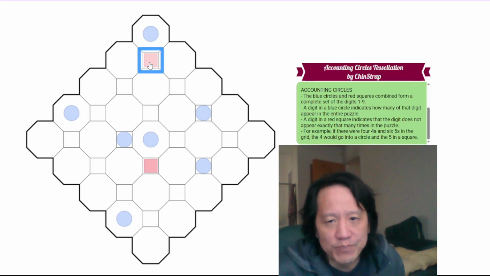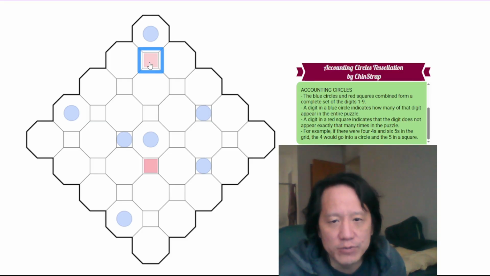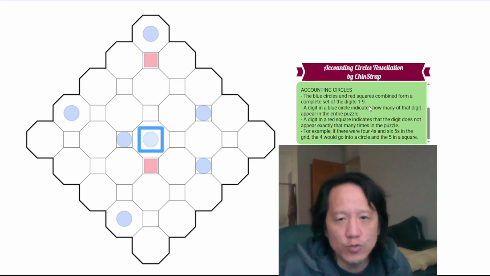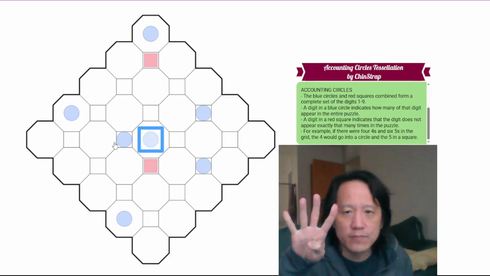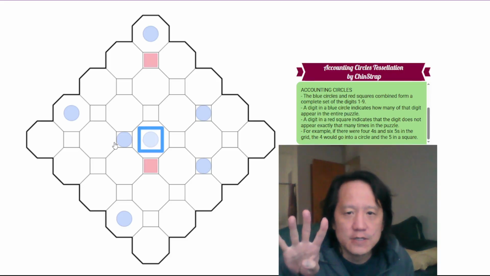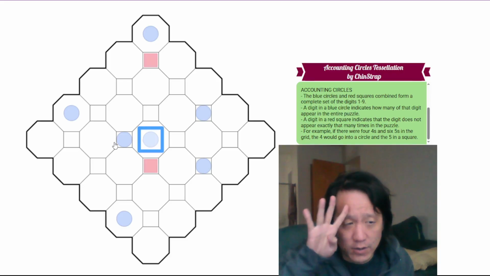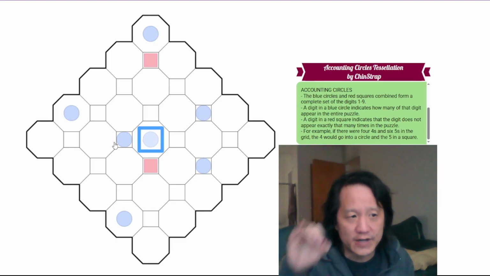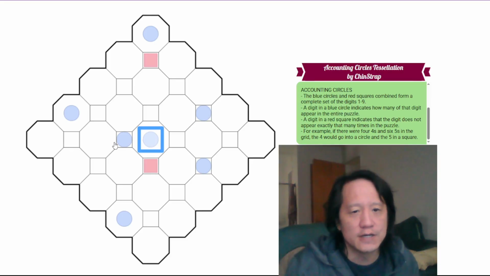For example, if there were 4 4s and 6 5s in the grid, the 4 would go into a circle and the 5 in a square. So if there are 4 4s, that means there are exactly that many of that digit for that circle.